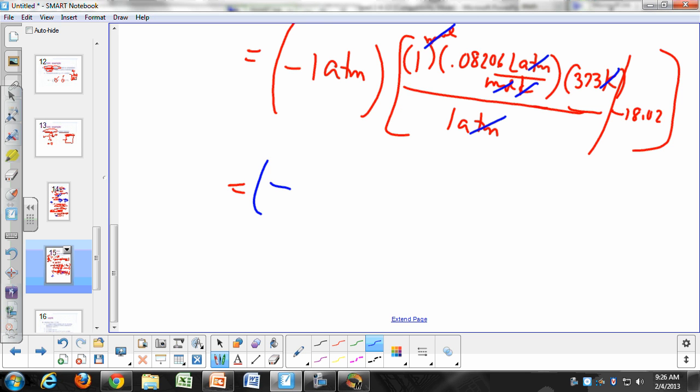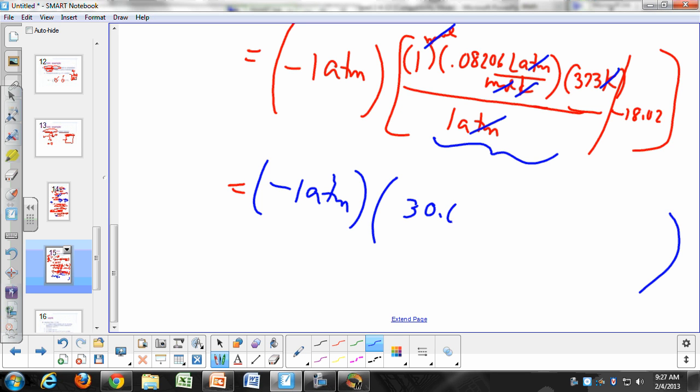So I have negative 1 atmosphere times this one in liters, 30.61 liters minus 18.02 milliliters. So that's times 10 to the negative 3 liters.